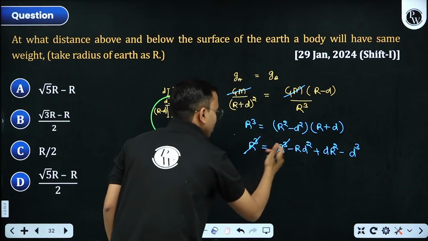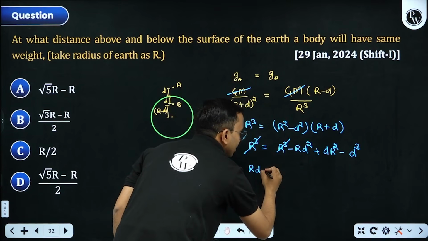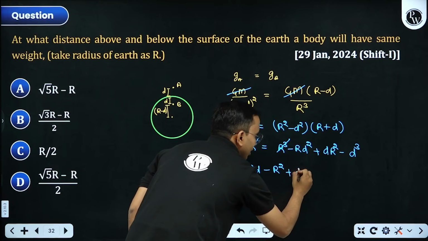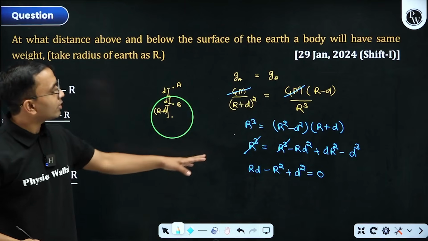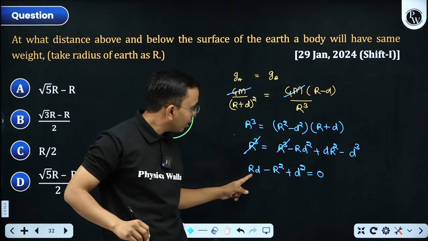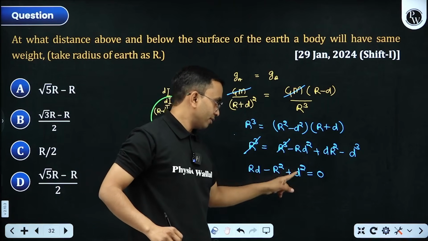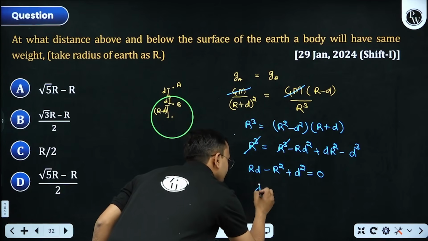So this will become d times (r d minus r square plus d square) equals 0. Therefore this becomes d square plus r d minus r square, a quadratic equation in terms of d.